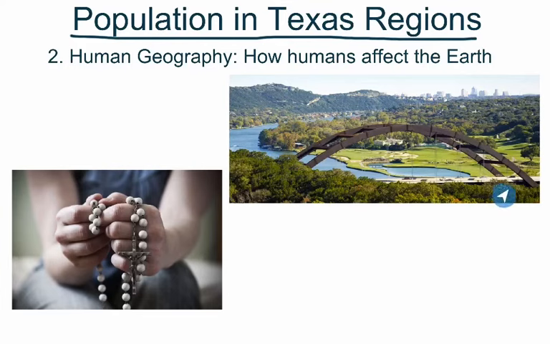We can see the roads, the bridge, and the steel used to build this bridge, and how we have affected this area to help ourselves live better in this area of Texas. Another thing that determines how humans affect the earth or the population of an area with human geography has to do with religion of that area.